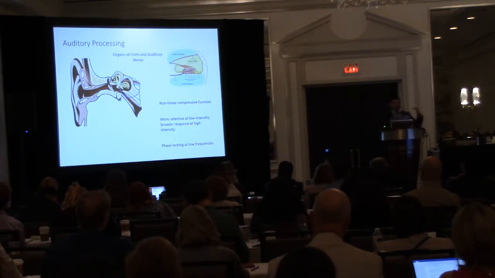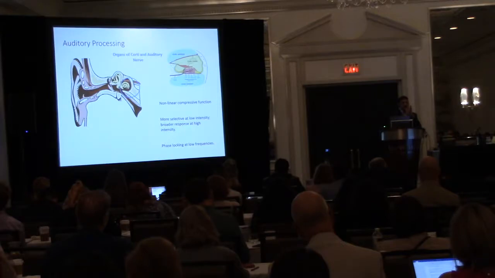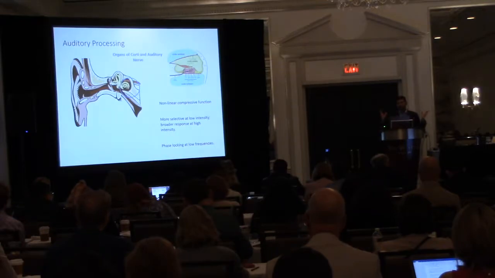So at some levels it's coded one way, at another level it's coded another way. It tends to be more selective at low intensities; the basilar membrane vibration is very narrowly tuned. As the intensity gets louder, as it gets more power in the signal, the movement of the basilar membrane gets bigger and bigger and bigger, so it sort of spreads.